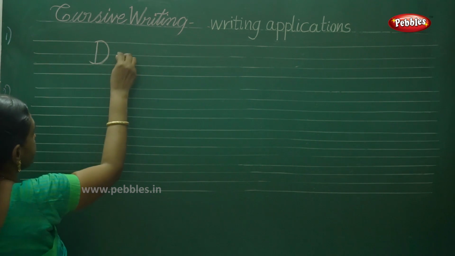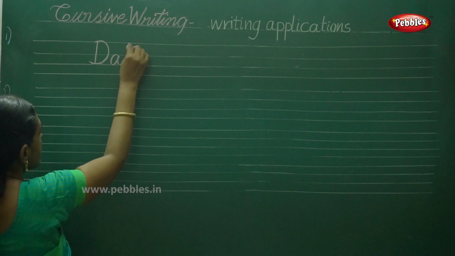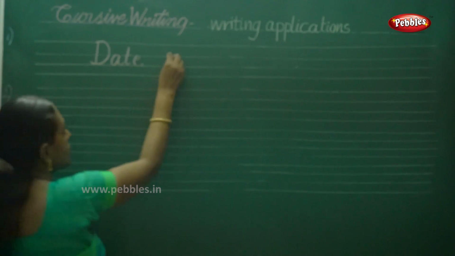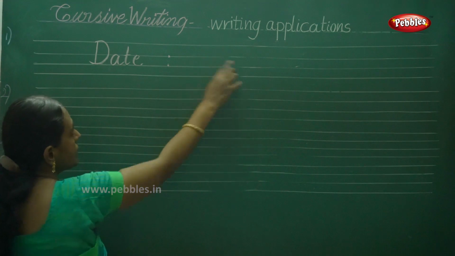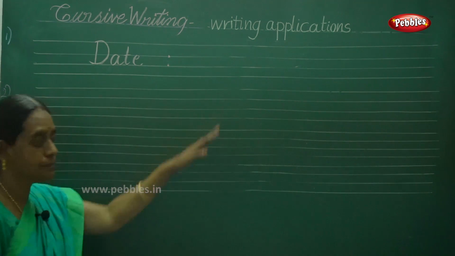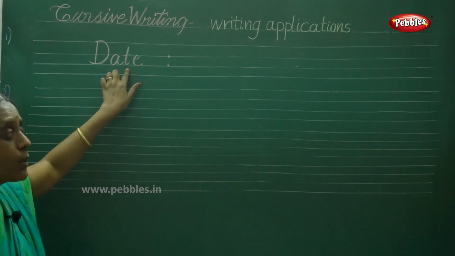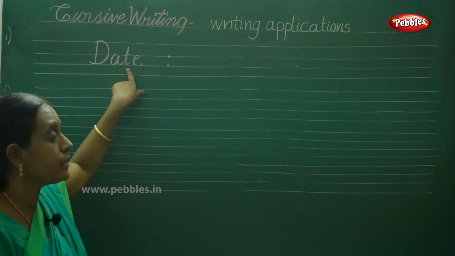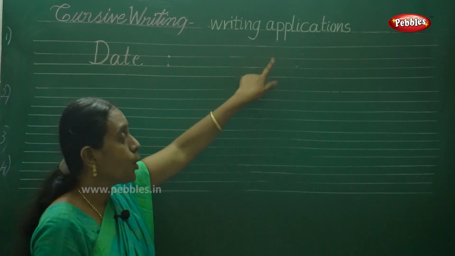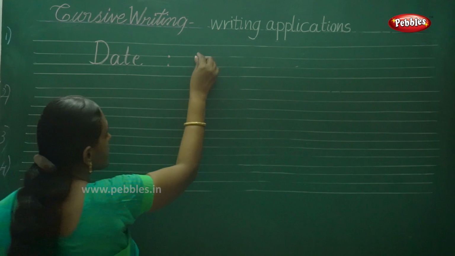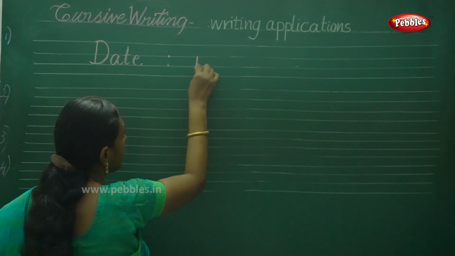This format is printed in your question paper or examination paper. So you have to fill this one in this kind of term. This is already a printed format in your question paper. You have to fill it in the box. Okay. So the date, that is today's date, is numbering.